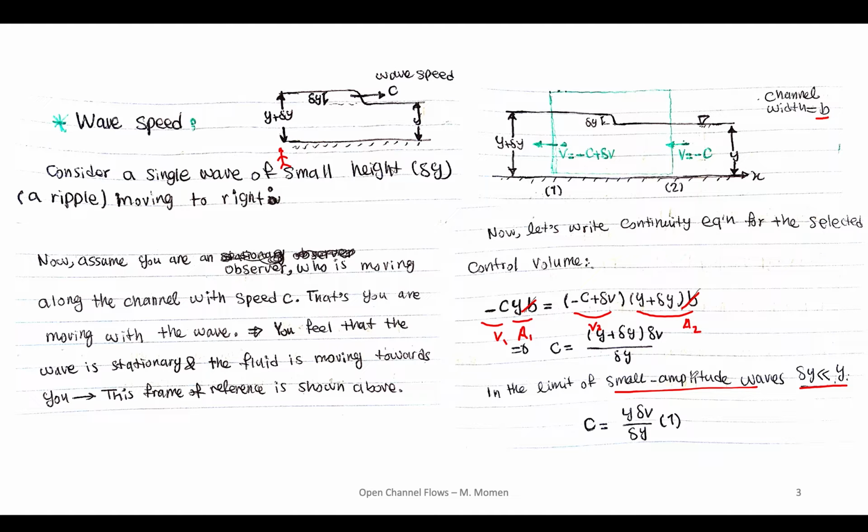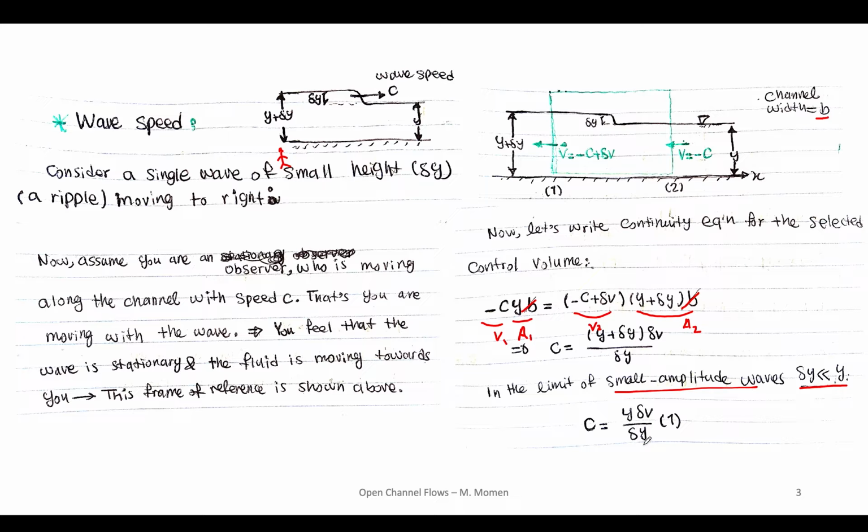Now we have found C, which is what we want to find, based on delta V, delta Y, and Y. But I want to get rid of delta V and delta Y. So I will write another equation to find an expression for C of waves.